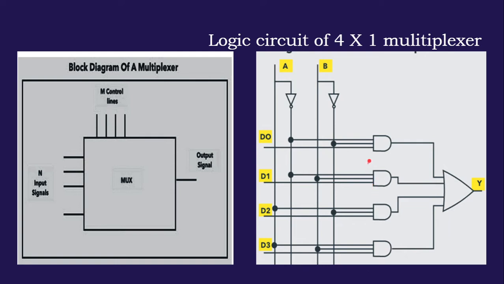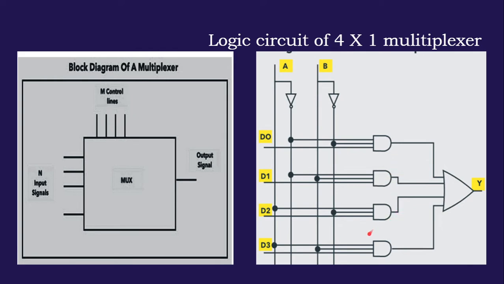These AND gates produce the output based upon the input given to the AND gate, and we know that only when all the inputs are 1 does the AND gate generate a high output. So accordingly, based upon the combination and the control signal, the AND gates pass the output as an input to the OR gate, and that OR gate performs the logical OR of the outputs of the AND gates.